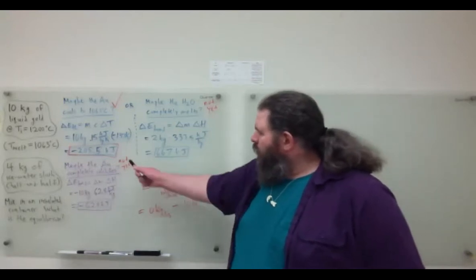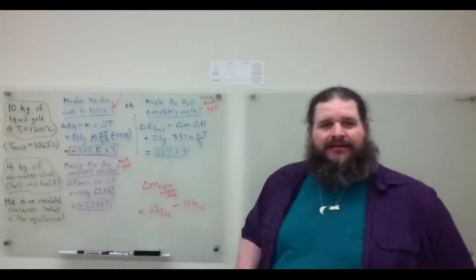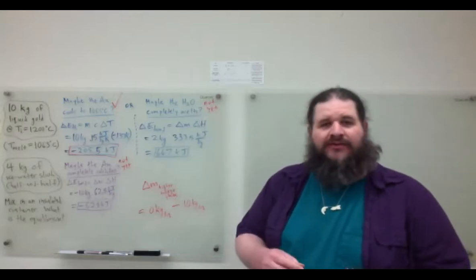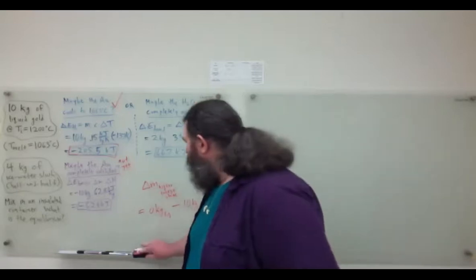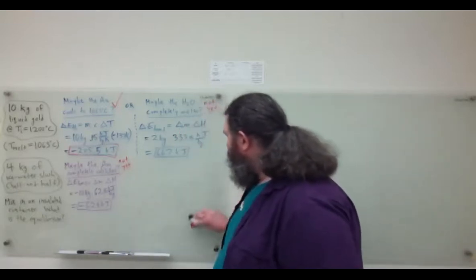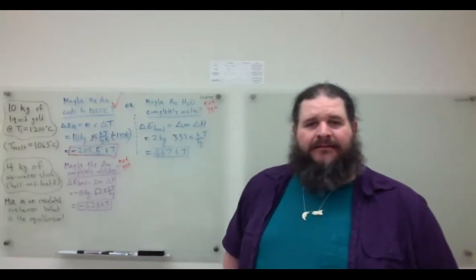All right, so it looks like the gold has not completely solidified yet, but the water has completely melted and we have extra energy left over. So if the water completely melts and continues gaining more energy, what's the next thing that happens to the water? The liquid water is now going to do what?